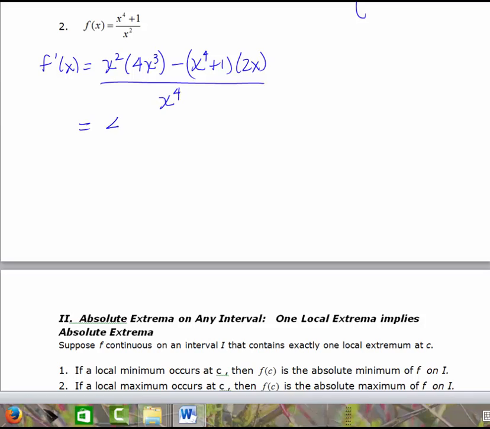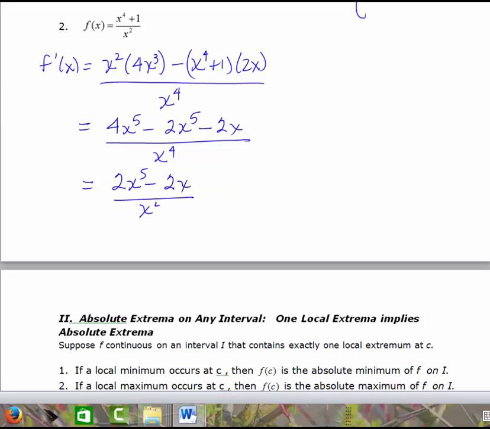I'm going to get 4x to the 5th minus 2x to the 5th minus 2x all over x to the 4th, or 2x to the 5th minus 2x over x to the 4th.